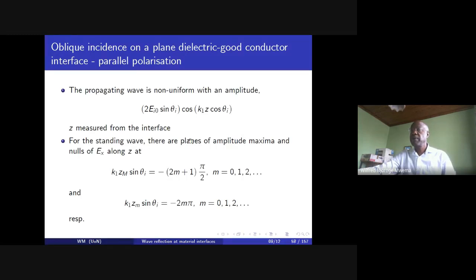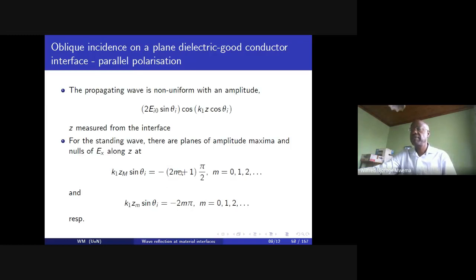So for the standing wave, there are planes of amplitude maxima and nulls of Ex along z at given values of K1 Zm sine theta I equal to minus (2m plus 1) pi by 2. This is because we want to make sure that sine theta I is always equal to whatever.